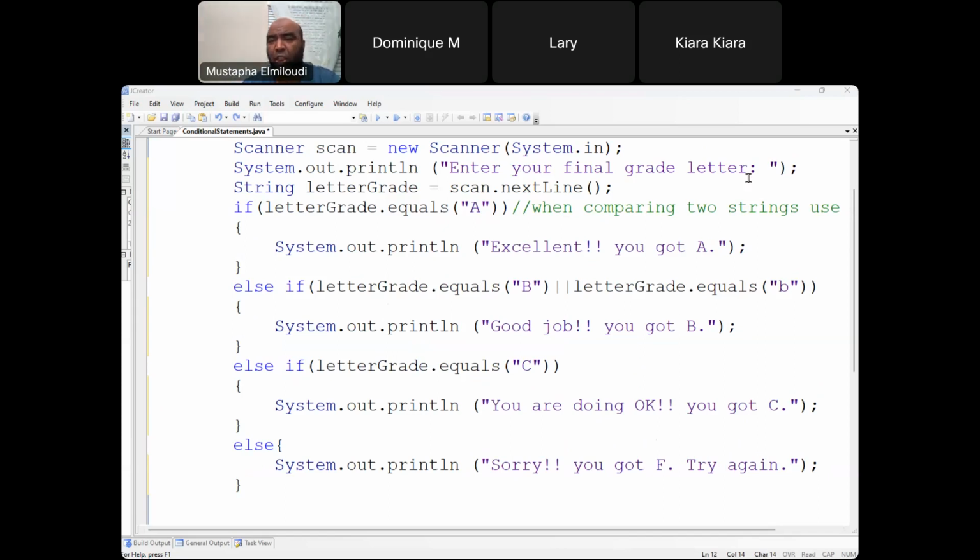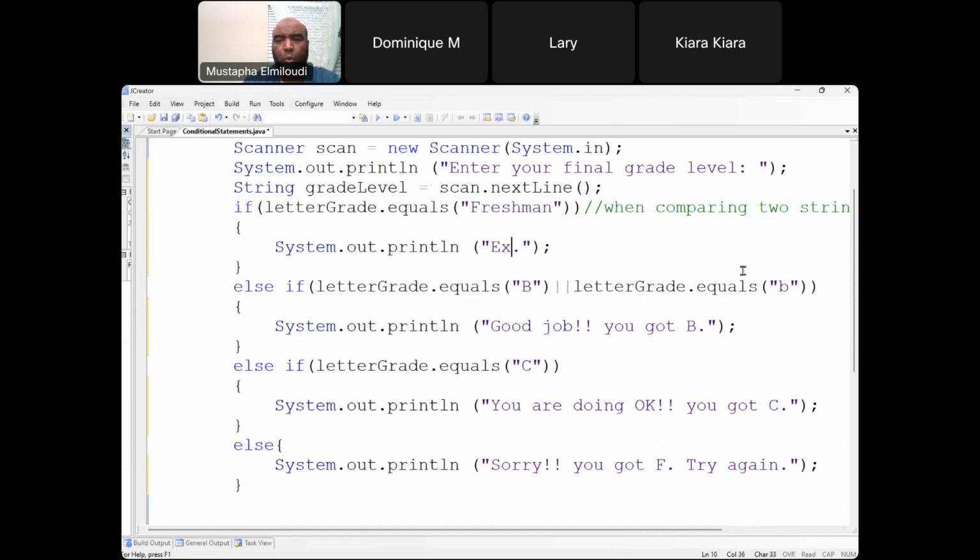So let's say enter your grade level, for example. Then I'm gonna put here grade level, and then I'm gonna put here if you are freshman. See, freshman. Then I'm going to say, okay, you have a guest speaker, for example, somewhere.